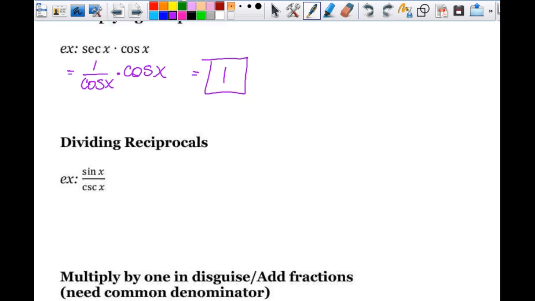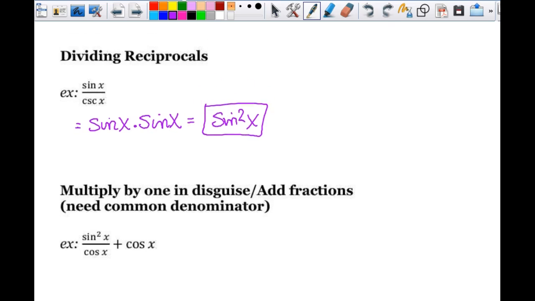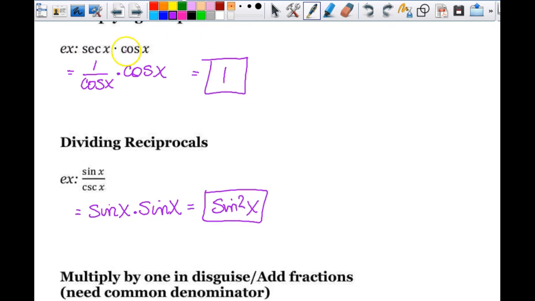When you're dividing reciprocals, sine over its reciprocal, which is cosecant, right? Then this is going to give me sine of x times what? Sine of x. And so you get what? Sine squared x. So if you look at this, when you multiply two things that are reciprocals of each other, you should always get 1, right? That's straight off the identity sheet. And then when you divide them, you always get the numerator squared every time. Okay.